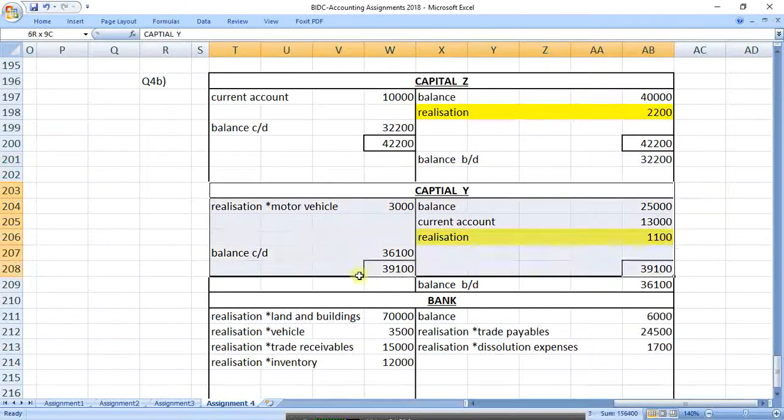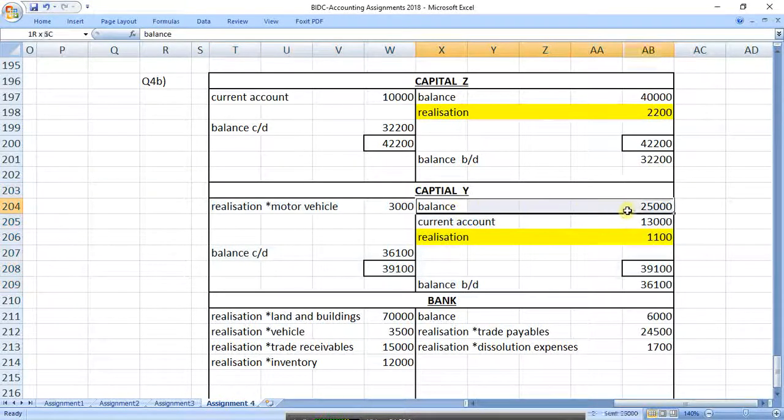Let's just fill in the ones for Y. Okay, so Y had a balance of that, brought down. 25,000.